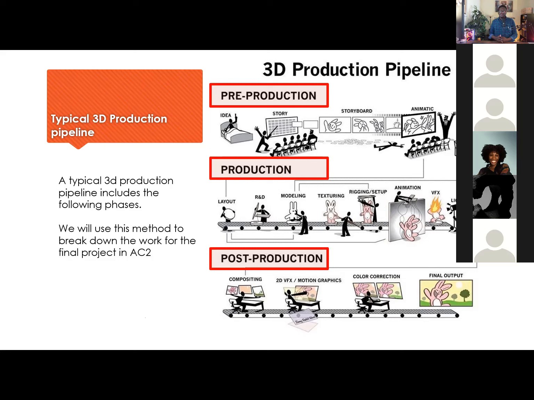So whether you're working within the office or with other persons to visualize something, especially when it's moving pictures, you're going to be looking at this 3-pronged production pipeline setup where you have pre-production, production, and post-production.